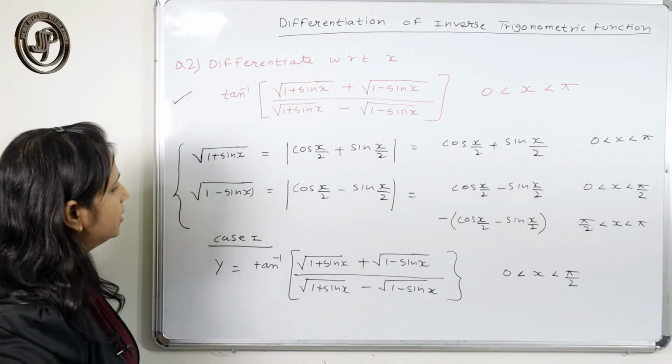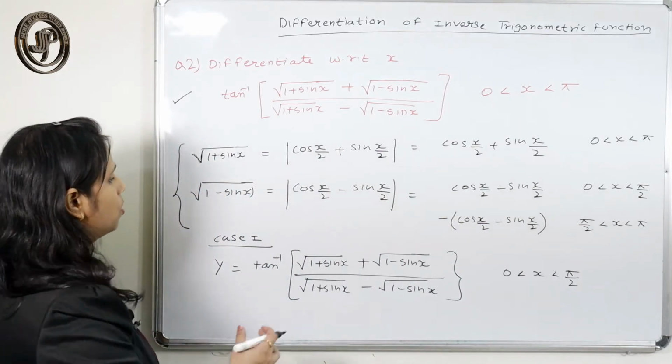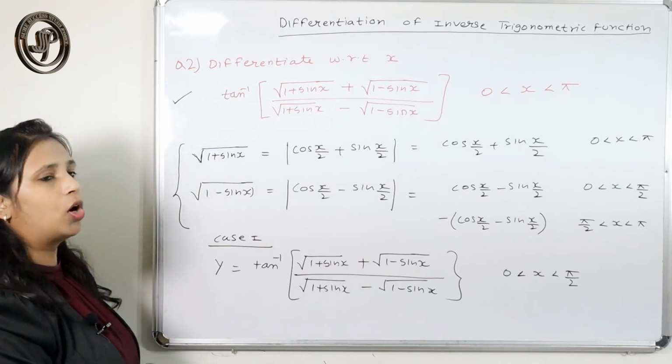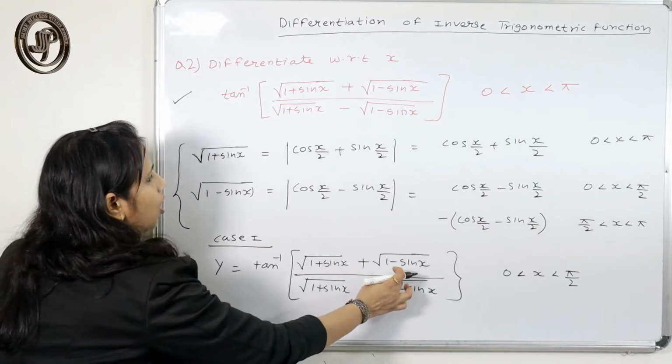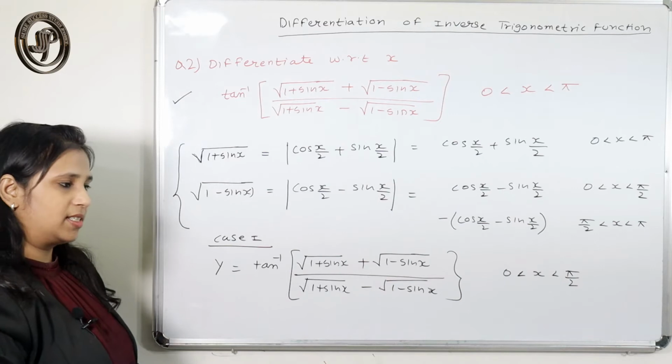When x is 0 to pi by 2, here you put cos x by 2 plus sin x by 2, and here you put cos x by 2 minus sin x by 2.